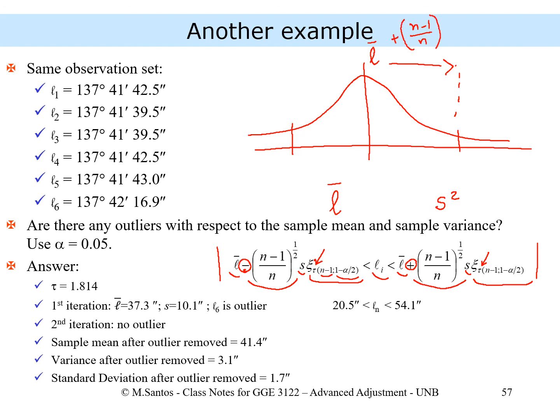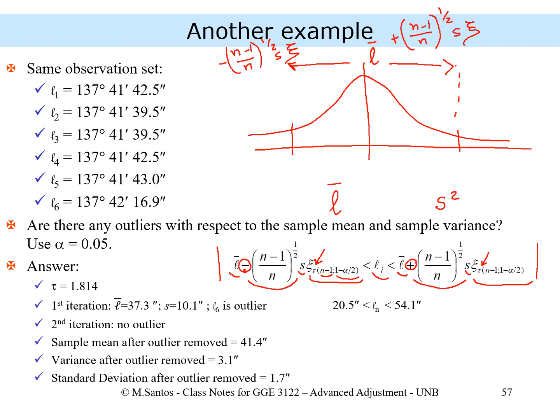plus the square root of s, times the value that we draw from the statistical table, minus the square root of n minus 1 over n times s, the same value.